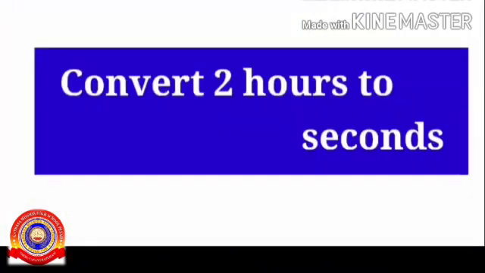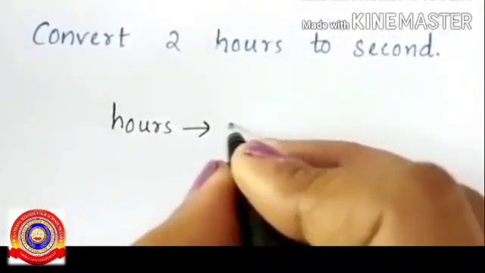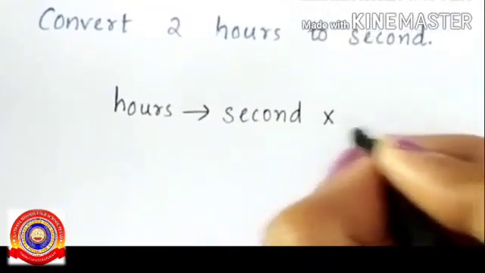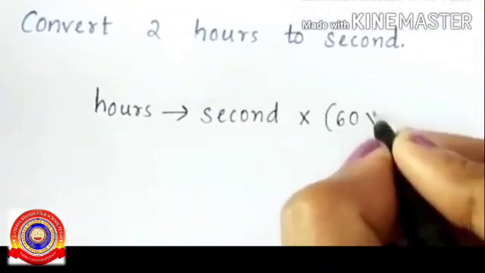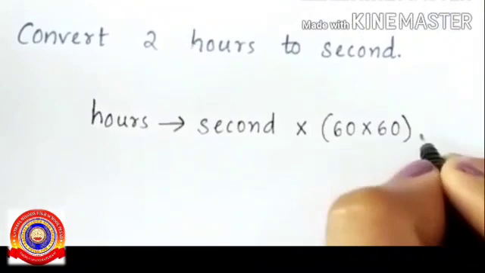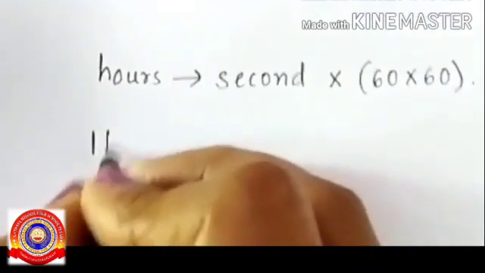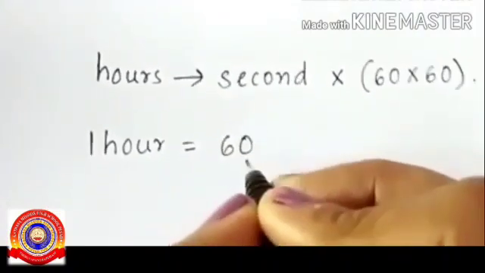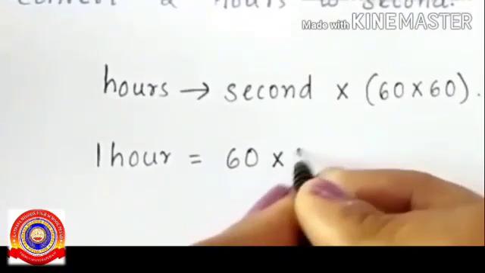Next question. Convert 2 hours to seconds. To convert hours to seconds, multiply 60 twice. Because in 1 hour there are 60 minutes and in 1 minute there are 60 seconds.